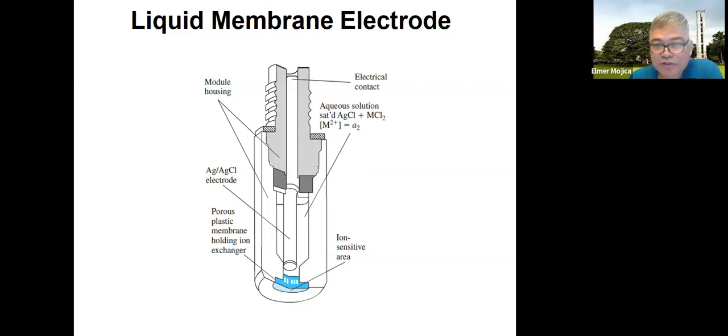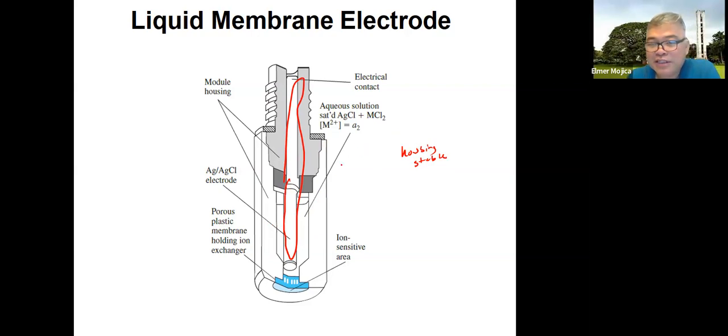If you look at this, the housing is a little bit stable, where you place the material. There's this reference electrode that you have here. It contains a fixed concentration of the calcium.